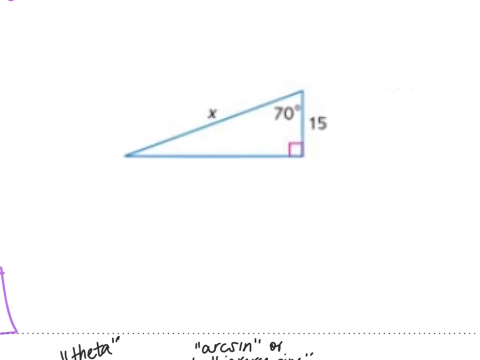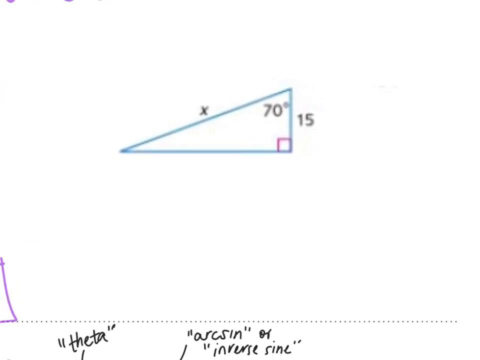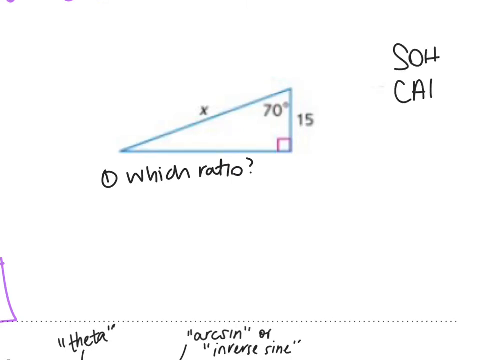Again, we're looking for a missing side length. First step, which ratio do I need? I have SOHCAHTOA as my guide. If I have my angle here, I notice x is my hypotenuse and 15 is my adjacent side.